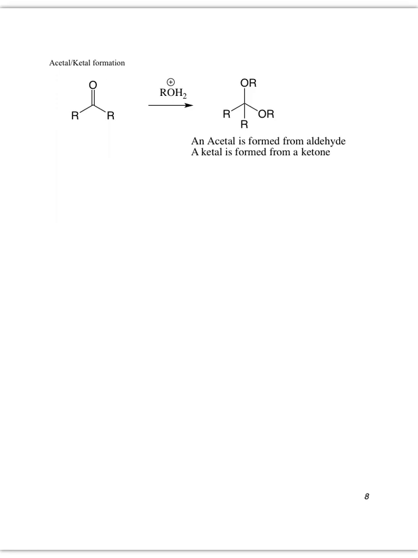So can we draw the mechanism here of the formation of the acetal or ketal? If the R groups are both alkyl groups, this would be a ketal because it was formed from a ketone. The first thing we need to do is protonate the carbonyl.